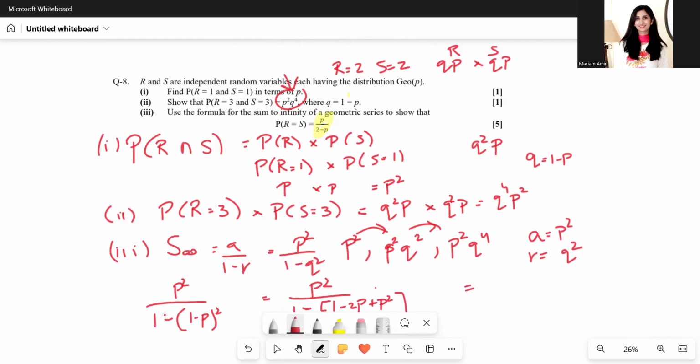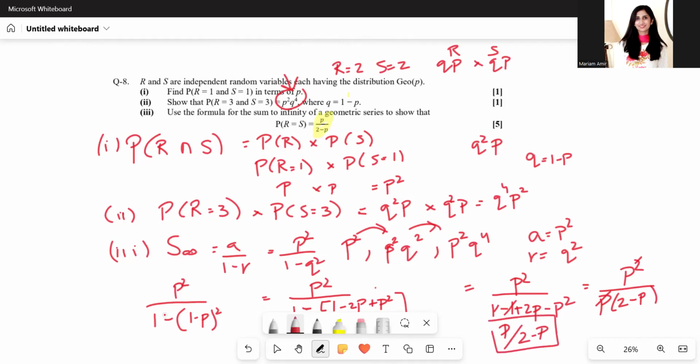This simplified gives us P squared upon 1 minus 1 plus 2P minus P squared. So I'm going to take P common, and we get 2 minus P in the bracket, P and the square cancels out, and we get P upon 2 minus P. That is what we had to show.